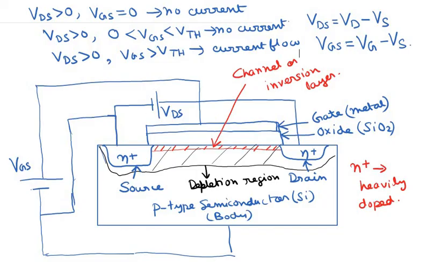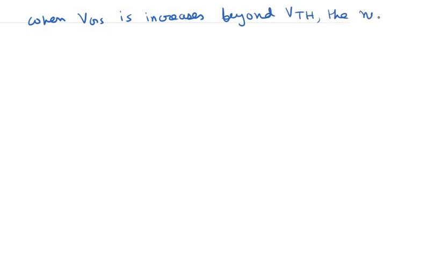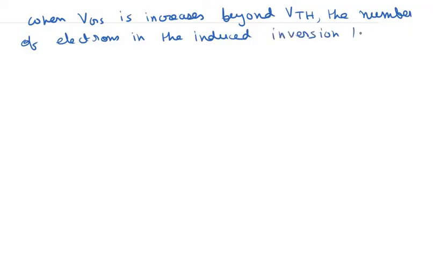So when VGS is increased beyond VTH, the number of electrons in the induced inversion layer increases.